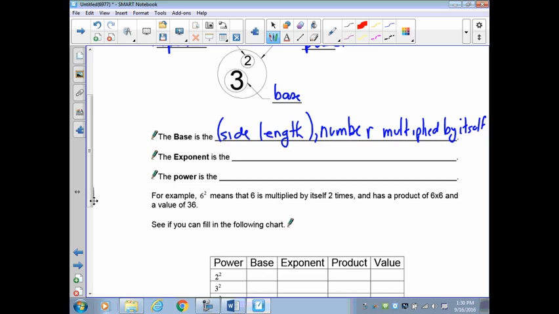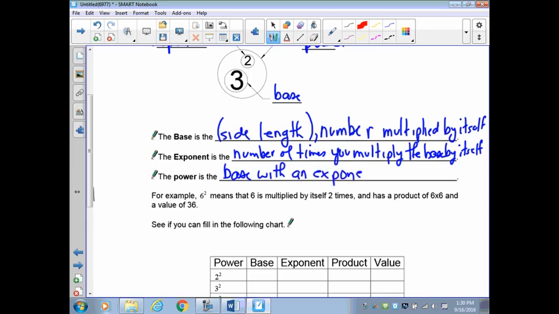The exponent is the number of times you multiply the base by itself. And finally, the power is a base with an applied exponent. So it's the whole thing.